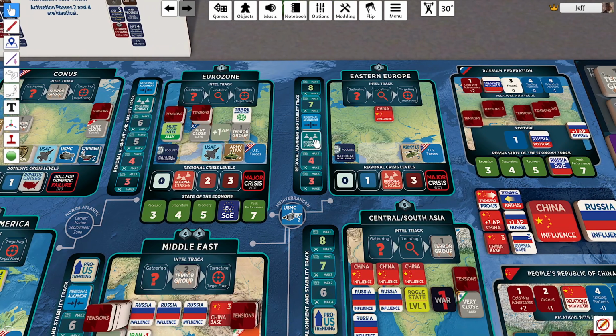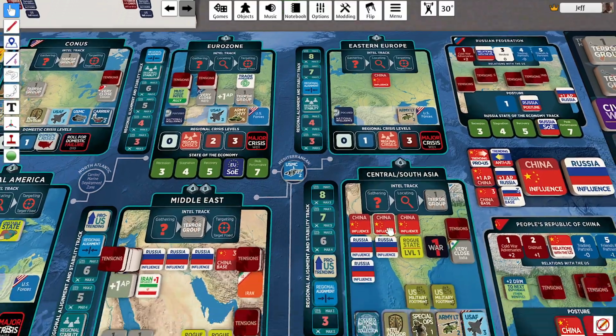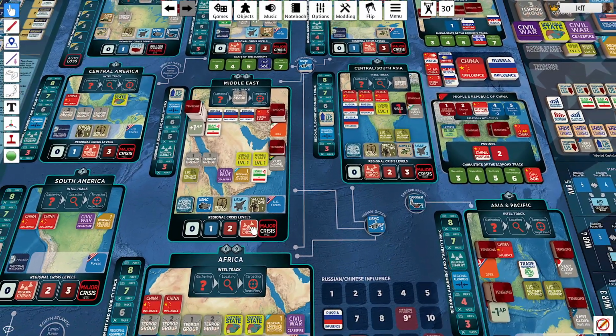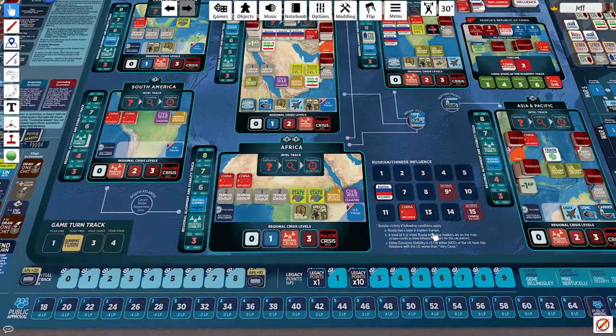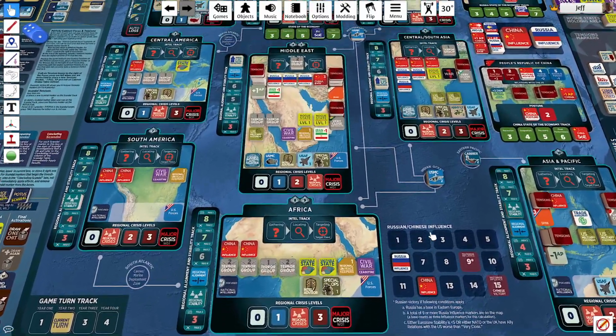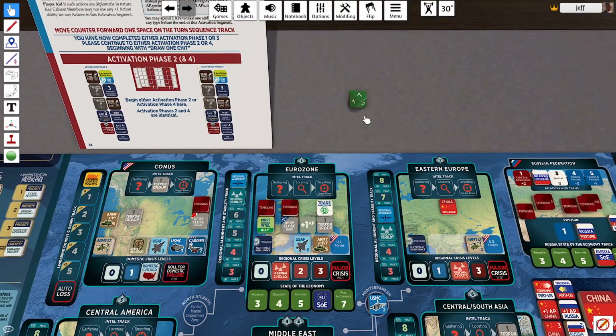So if I stabilize this to 6, I can get rid of the influence in Eastern Europe. The problem is it's going to take both actions to move this down. We could also reduce regional crisis in the Middle East just because it's bad. I will do exactly that.